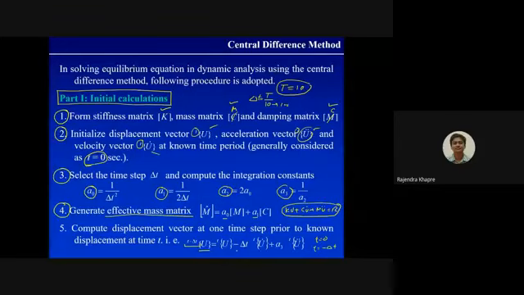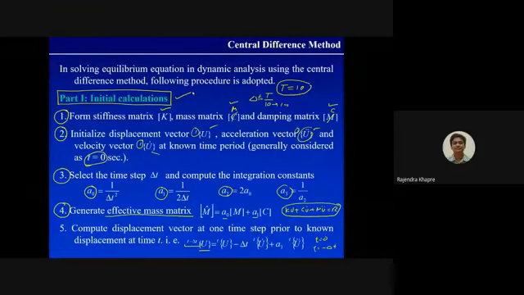It can be calculated by a very simple expression: u at t equal to 0, minus delta t into the velocity at t equal to 0, plus A3 into the acceleration, that is u double dot at t equal to 0. Once this value is known to you, your initial calculations are done. This has to be done only once.